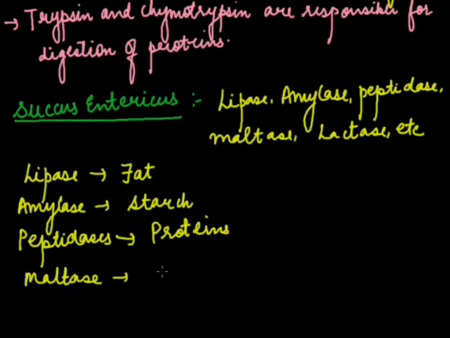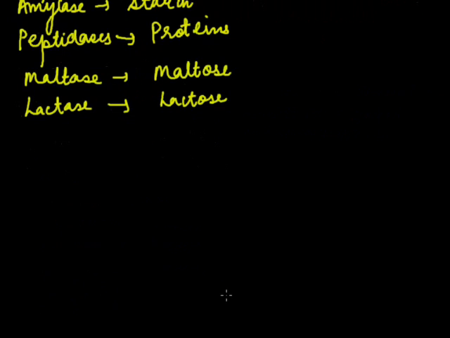Maltase is responsible for digestion of maltose. Likewise, lactase is responsible for the digestion of lactose, and various others. Then the food enters into the ileum where the digestion is finished.